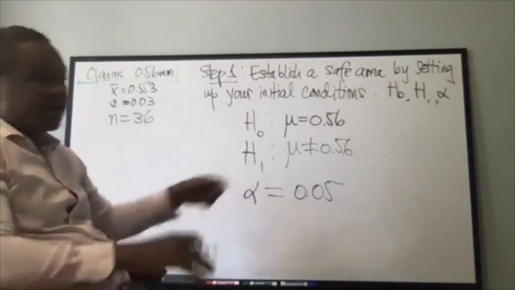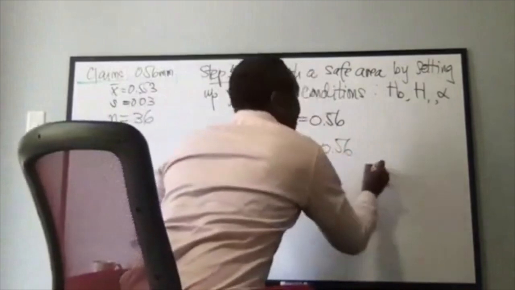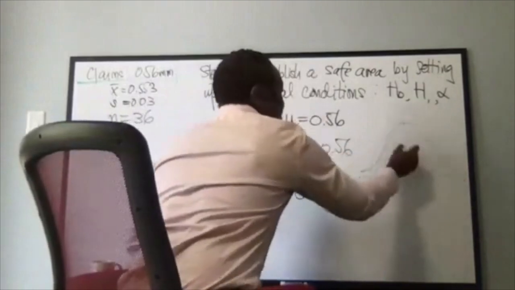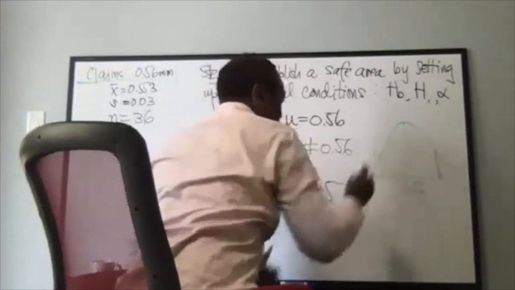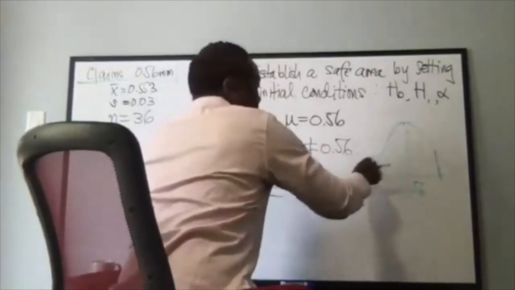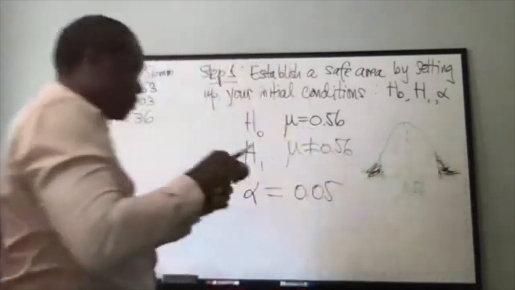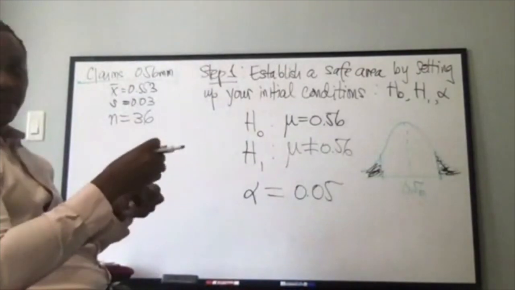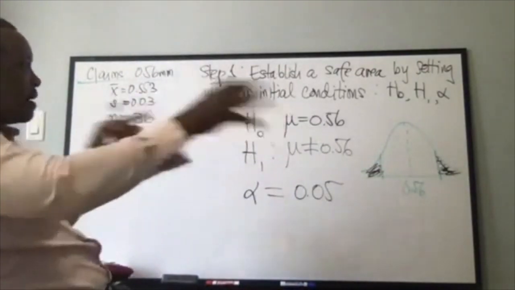Remember the diagram that we had? It looks something like this. So here's the 0.56 right here, and these two parts right here were the rejection region. So that's what I'm calling alpha, the area in black on both sides, right?